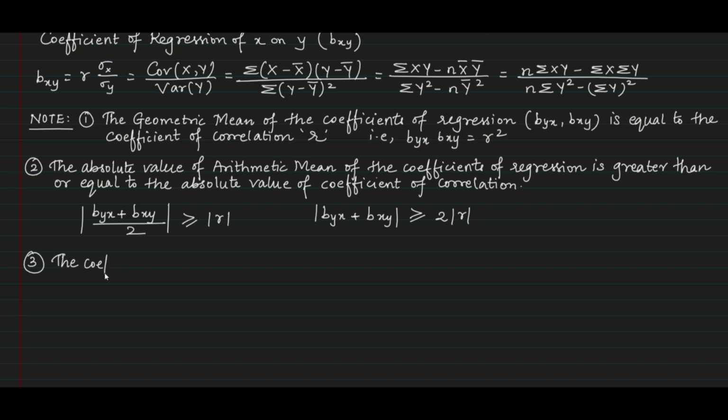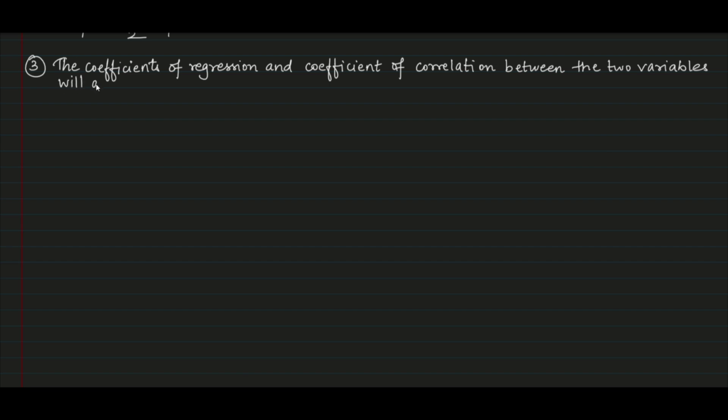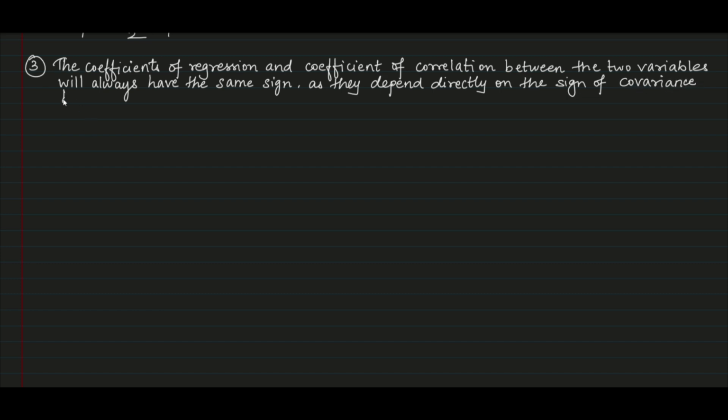The coefficients of regression and the coefficient of correlation between the two variables will always have the same sign, as they depend directly on the sign of the covariance between the two variables.